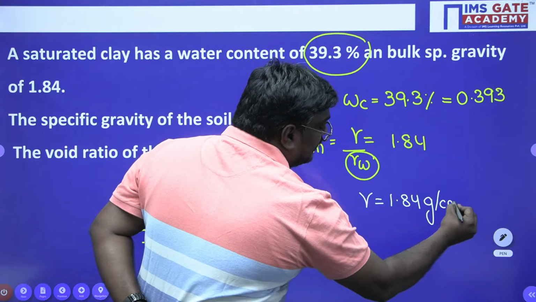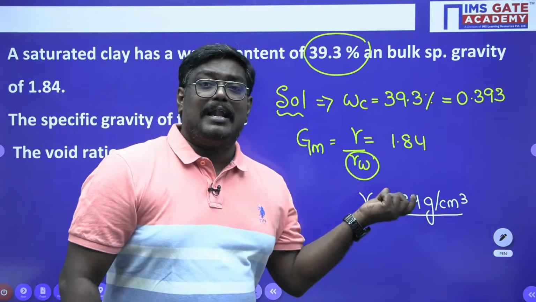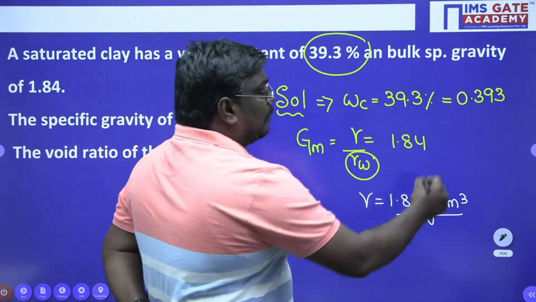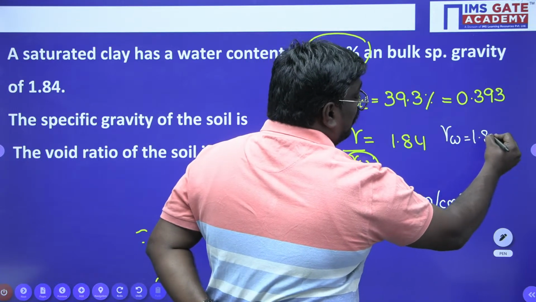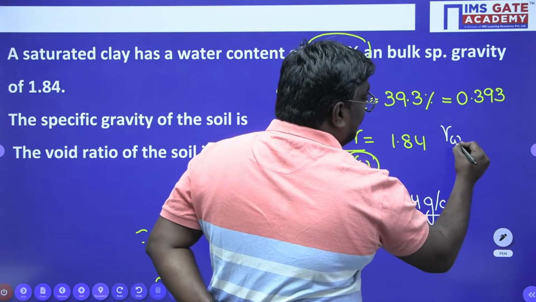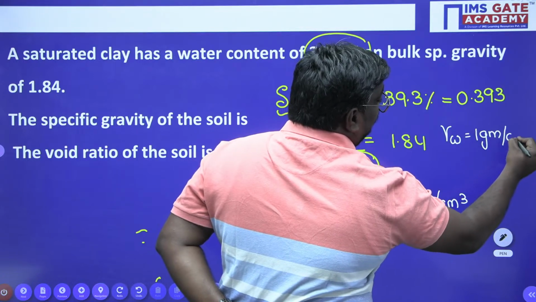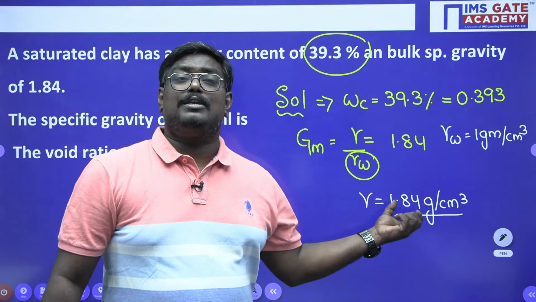How do you know that? Because gamma W is the unit weight of water, which is 1 gram per centimeter cube. So here we have calculated the bulk unit weight.